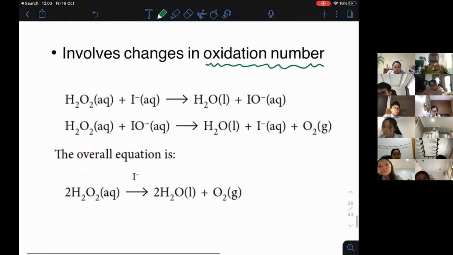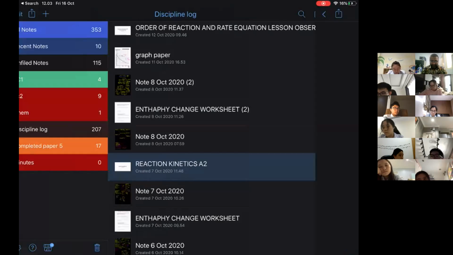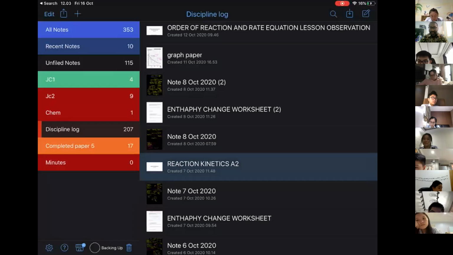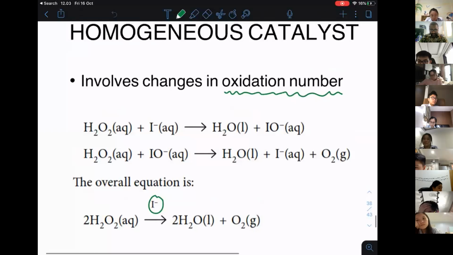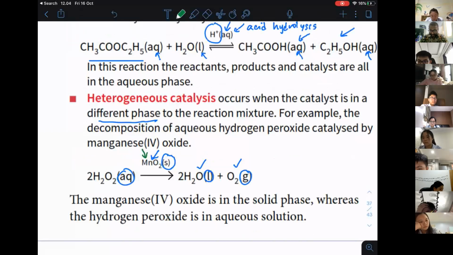I think just now when they gave us the equation earlier, they put MnO2 for the reaction. So here in the textbook, they still put I minus.